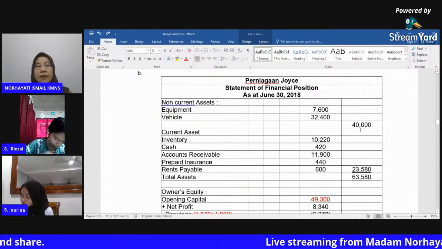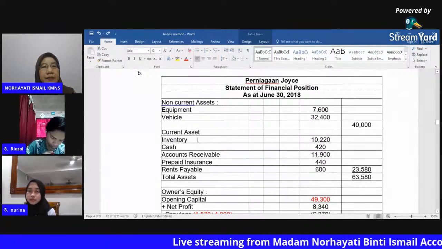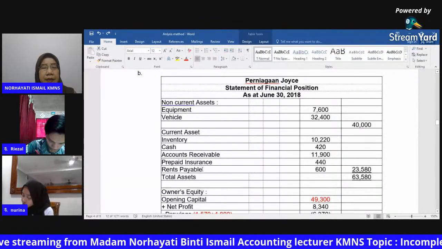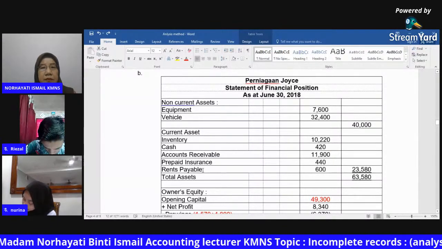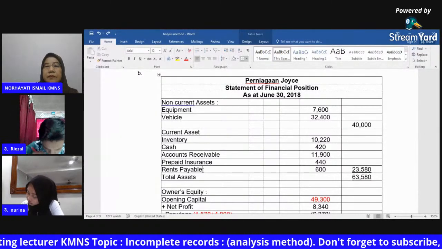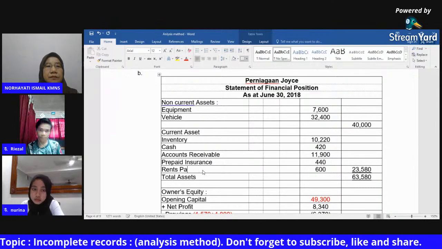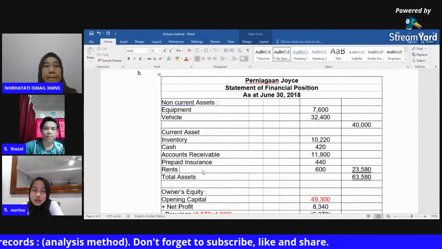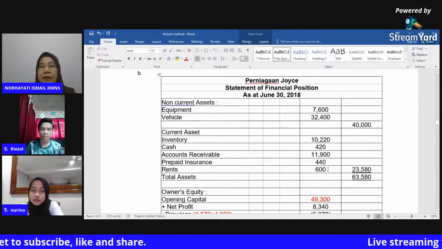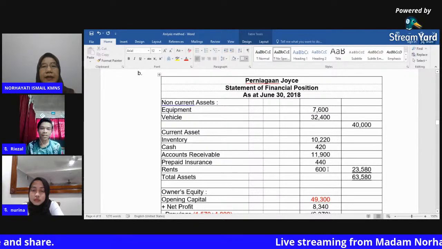Okay, and the current asset: inventory, cash, account receivable, prepaid. Rent payable, this one not rent payable. Prepaid rent. Okay, 23,580.